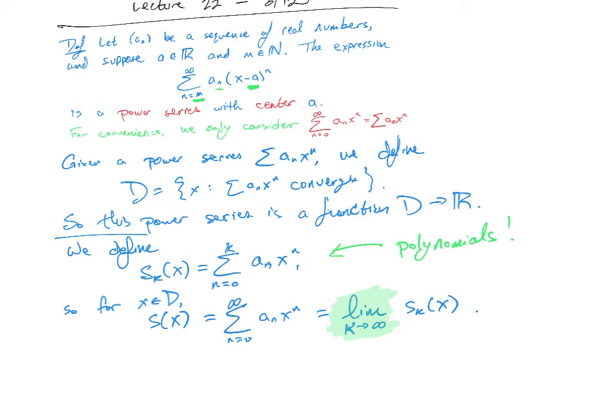So when we write a limit like this, we always mean pointwise limit. Okay, it's clear it's the pointwise limit of the partial sums.